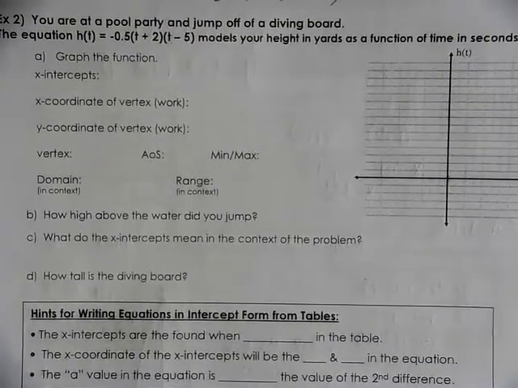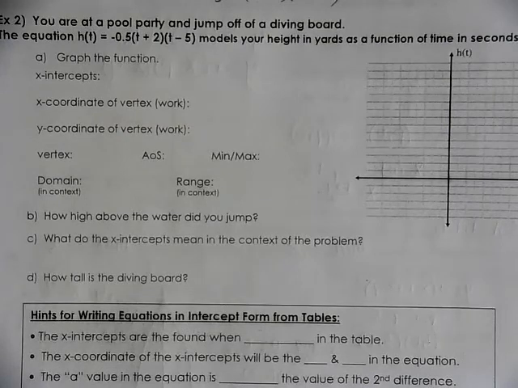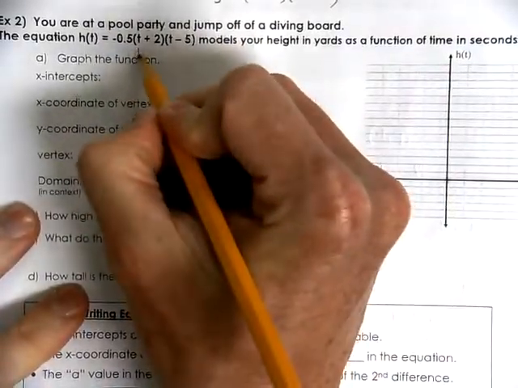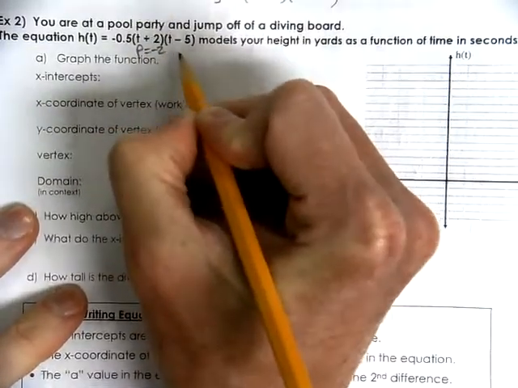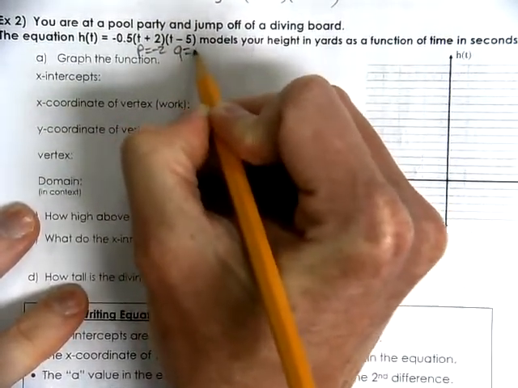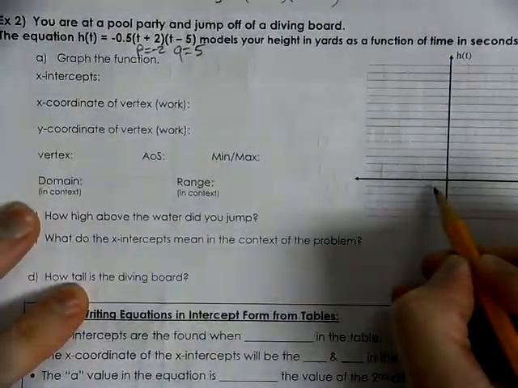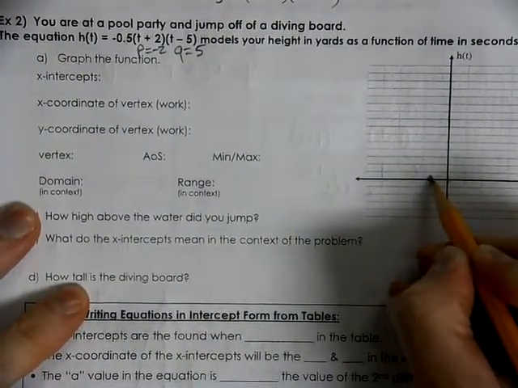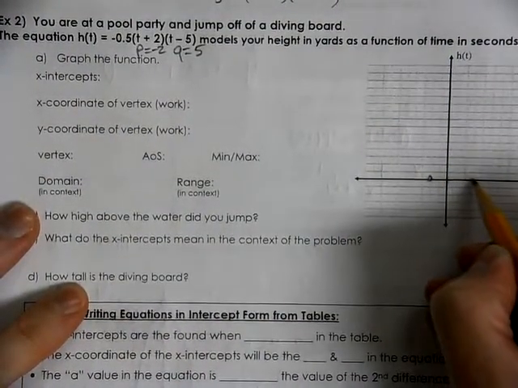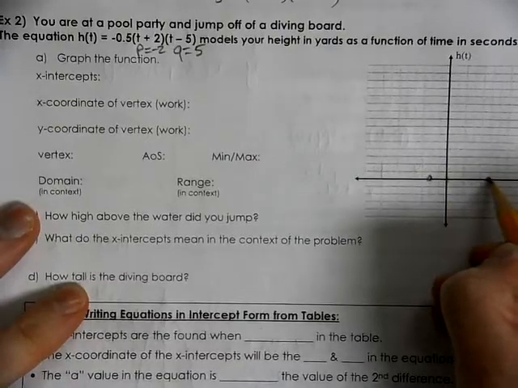Here's kind of a real-world situation. You had a pool party, you jump off a diving board. We have our x-intercepts. So our p value is going to be -2, and our q value is going to be +5. So at -2, I have a dot, and at +5, I have a dot.